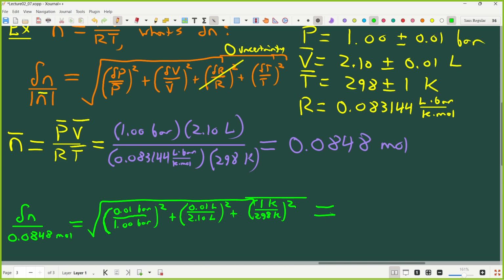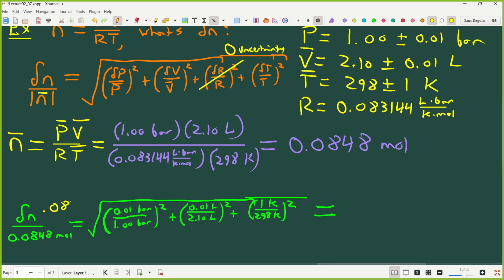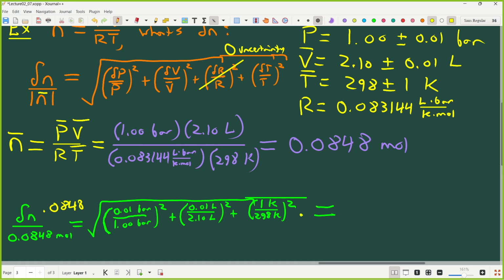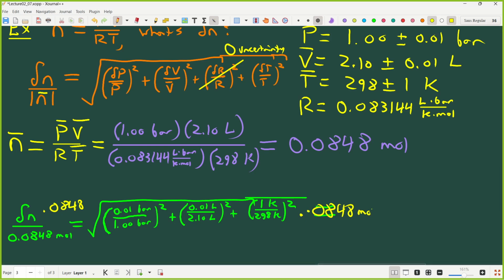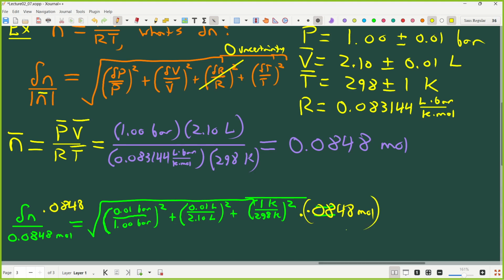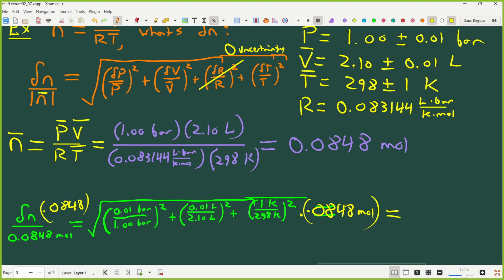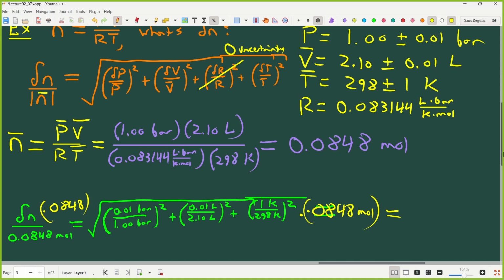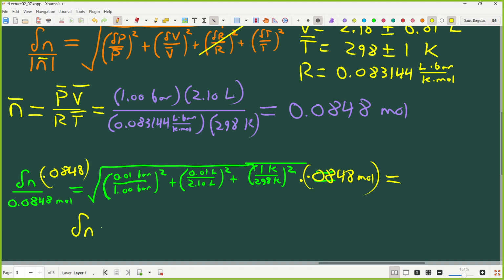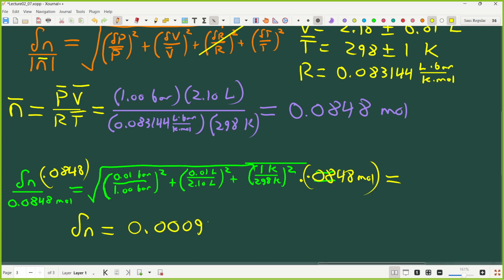So let's set that equal. What is that equal to? Well, I have to multiply both sides by 0.0848 moles, just to get rid of the units. And delta N is equal to 0.000981 moles.